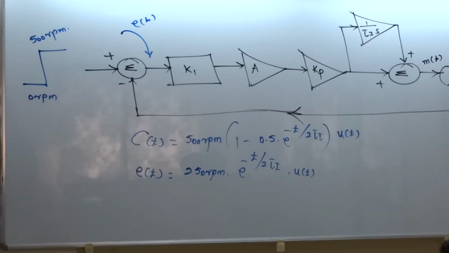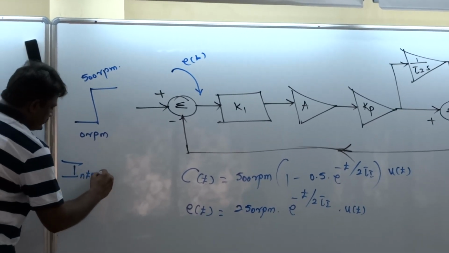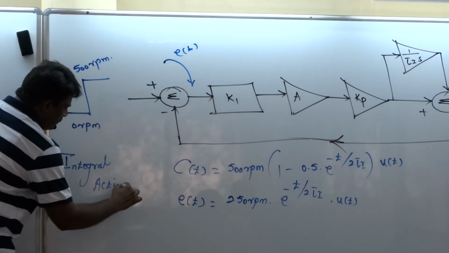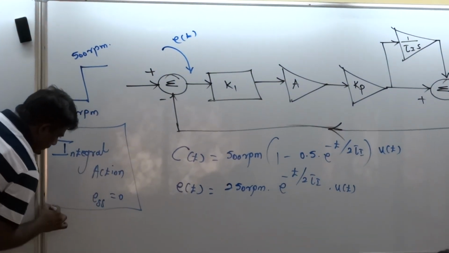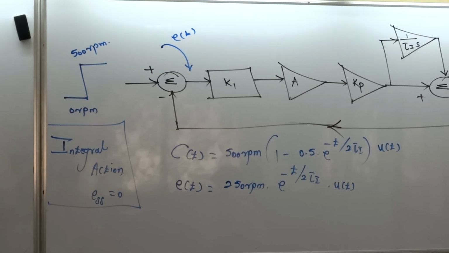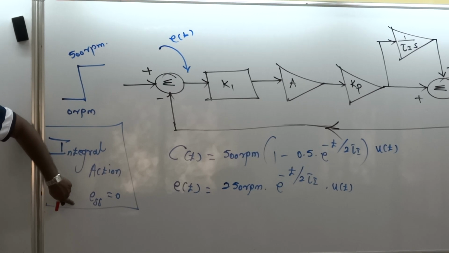So the intention of using the integral control action is only to bring down the steady state error to 0. Okay, to improve the steady state performance, to improve the steady state response, by bringing down the ESS to 0.